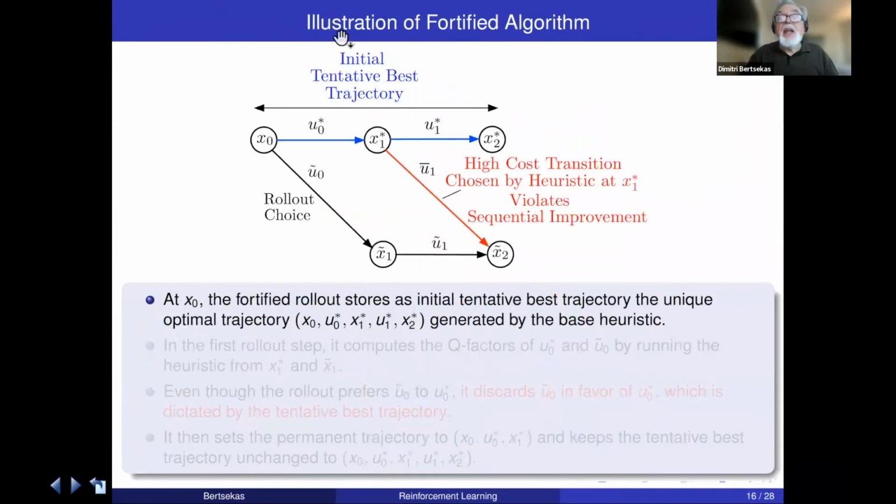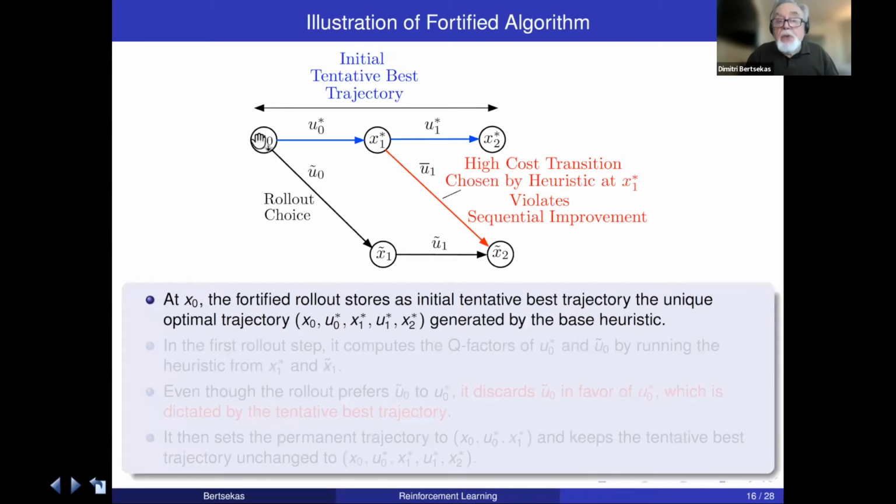Okay, so now let's illustrate the fortified algorithm for the example that I had two slides back. Remember, we have this two-stage problem: initial state, states x1, states x2.